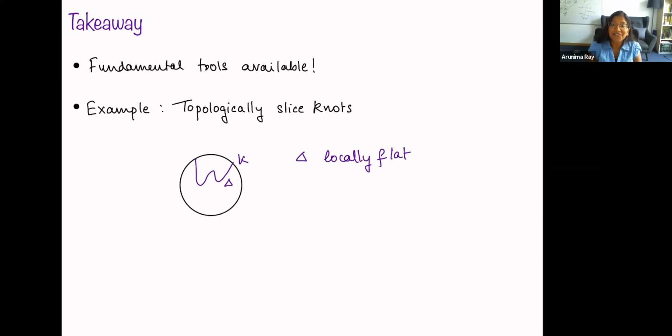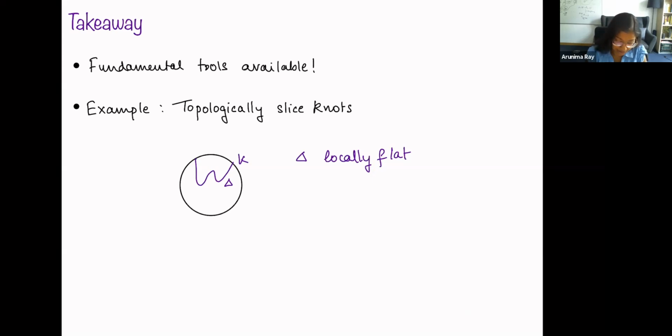The good news, we have those things, okay? So we don't have to worry about that anymore. So no panic attacks are necessary. When people did these things, they were working in the smooth category. But now that we have these fundamental tools, you can do a lot of this stuff in the topological category. So maybe more things apply in the topological category than perhaps you thought.